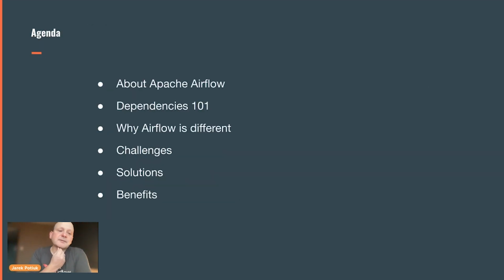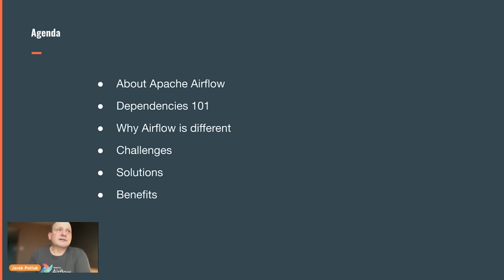And what I'm going to talk about today is Apache Airflow, because this is the project I'm mostly involved in, and that's my beloved open source project I work on. But I want to focus on the dependencies. So I'll tell a little bit about what Apache Airflow is, so that you know the context.